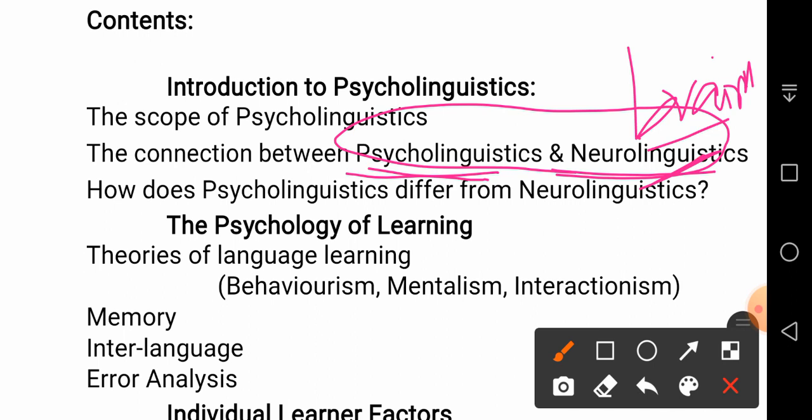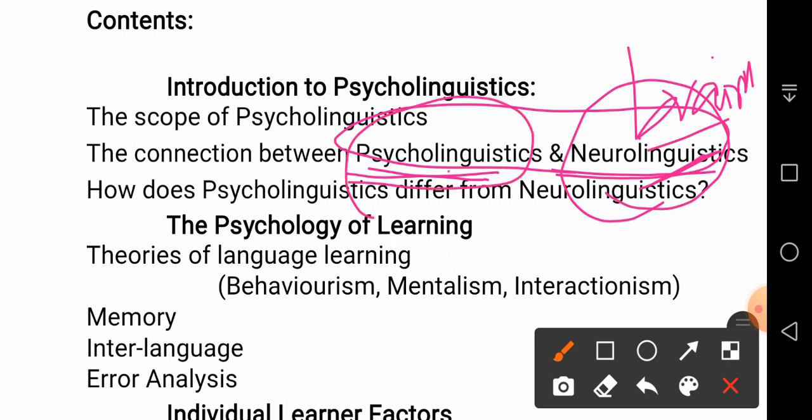If someone experiences an accident and he or she loses the speech faculty, which part of the brain gets damaged? What do the brain surgeons do? Do they know which part of the brain deals with language activity? All this is discussed in neurolinguistics, like speech disorders, etc.